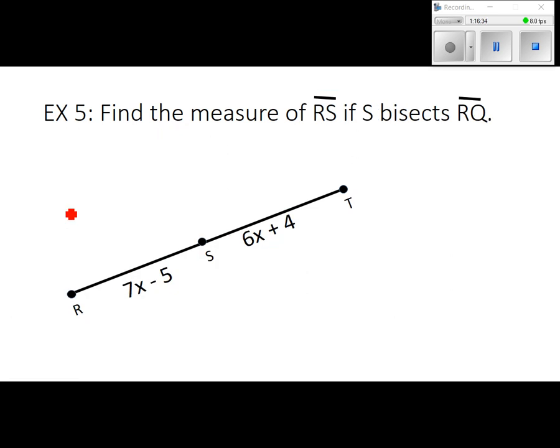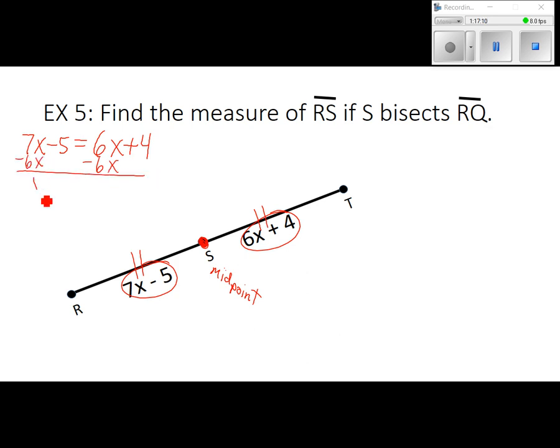Find the measure of segment RS if S bisects segment RQ. They're telling us that S bisects it, so these two segments have to be congruent. We also know that S is the midpoint of the segment. We do the same thing, set up an equation. This has to equal that. So 7x minus 5 has to equal 6x plus 4. Subtract 6x on both sides.